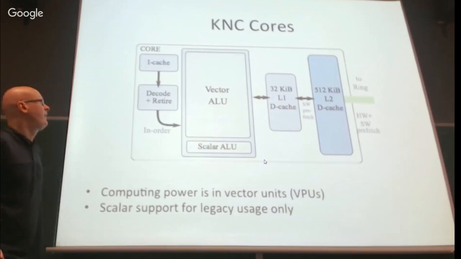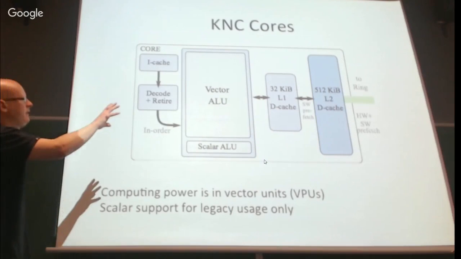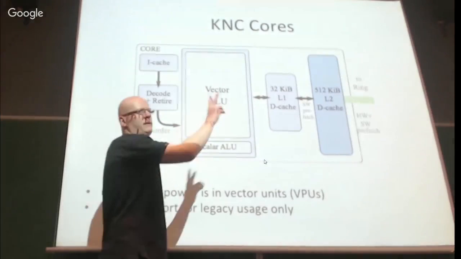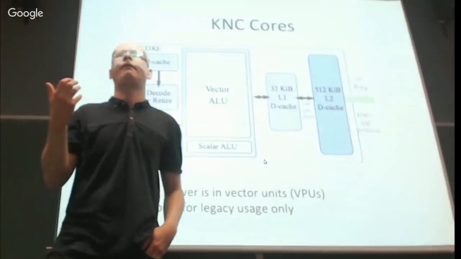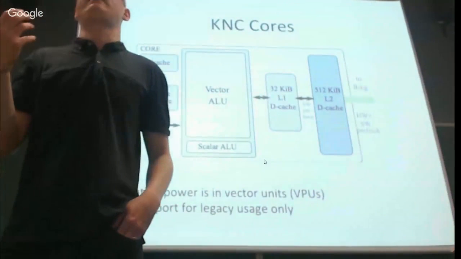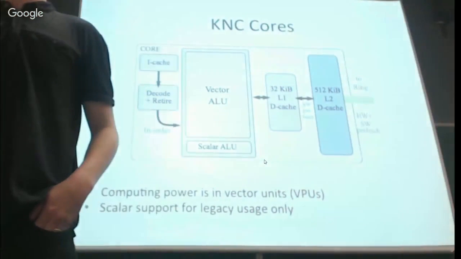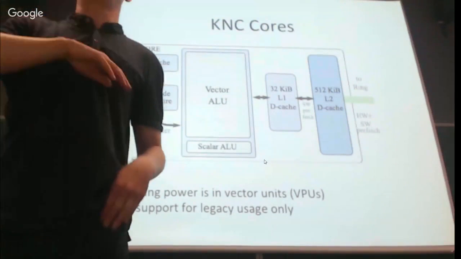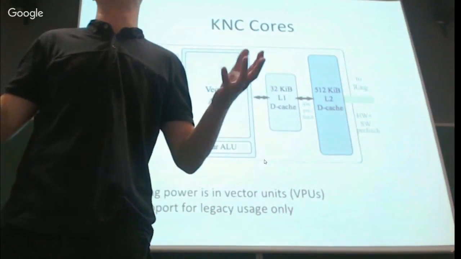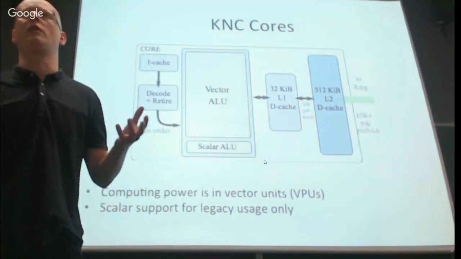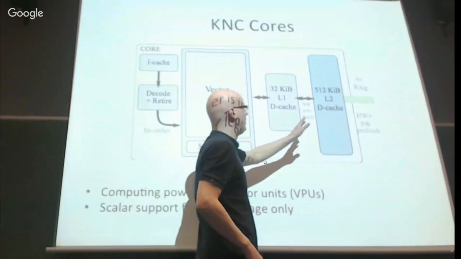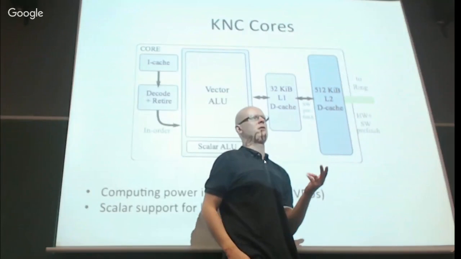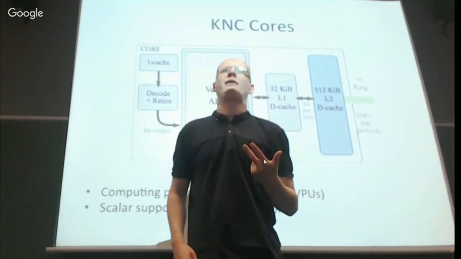So here are the KNC cores, and there's not too much to say on this. You have only 2 levels of cache, as I mentioned before. That's really important to recognize: there's no level 3 cache on the KNC. The reason is that maintaining cache coherency across a large level 3 cache would be very, very difficult across 61 cores, so you only have two caches. What's also important about the level 2 cache is it's not shared.